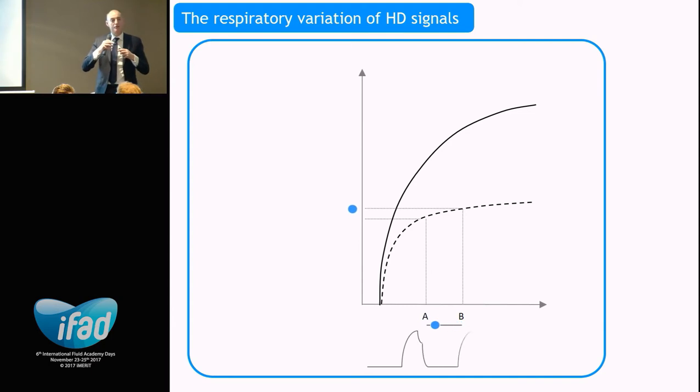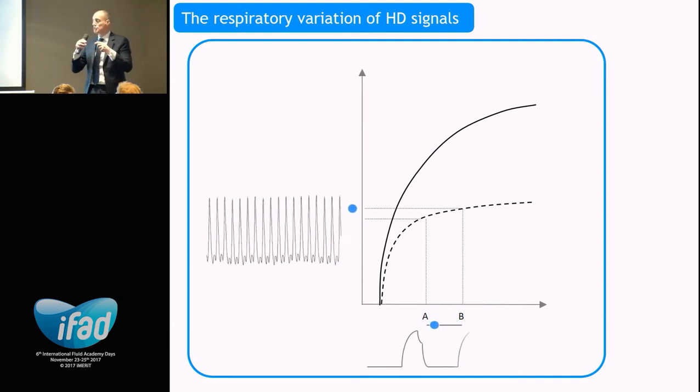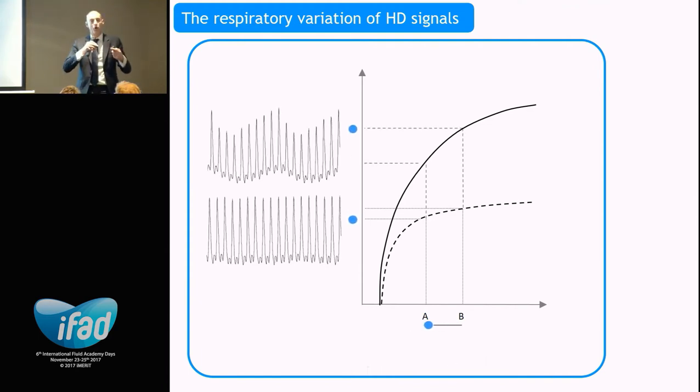If mechanical ventilation results in no change in stroke volume or in arterial pulse pressure, it means your patient is not fluid responsive. If mechanical ventilation induces large changes in stroke volume or arterial pulse pressure, it means your patient is fluid responsive. If you have an arterial catheter, it's very easy because it automatically calculates this pulse pressure variation and it's displayed on the monitor.